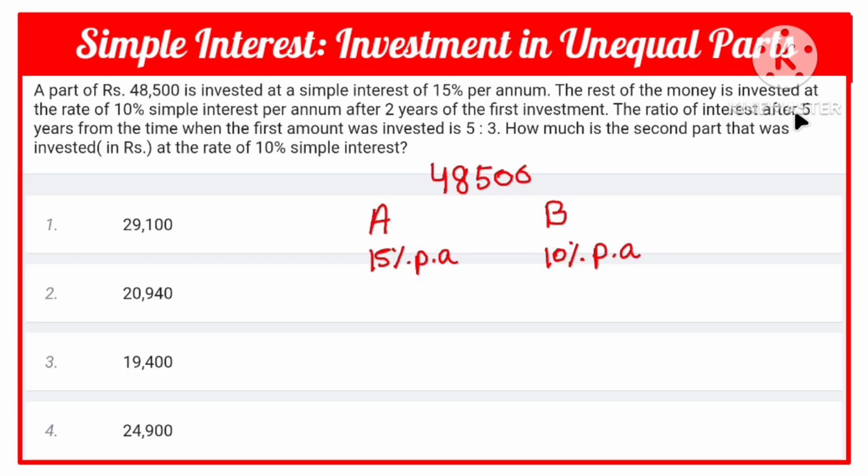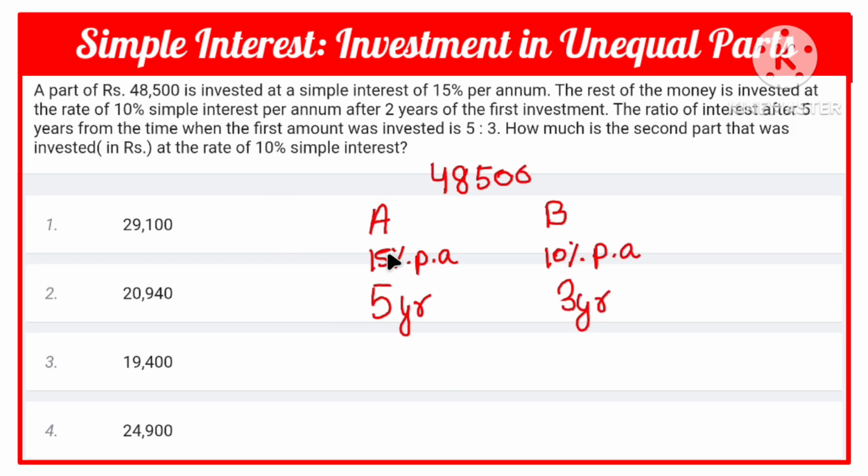So after 5 years, means total duration is 5 years, and this amount was invested throughout, so this will be for 5 years. But in this case it was invested after 2 years of this investment. That means 5 minus 2, you will get 3 years. So this money was invested for 3 years.